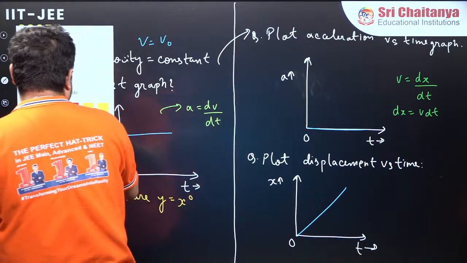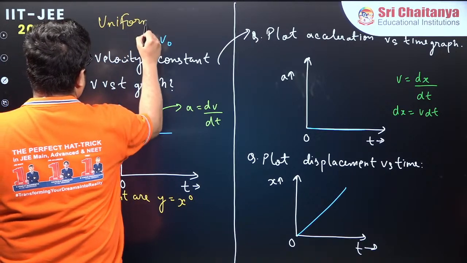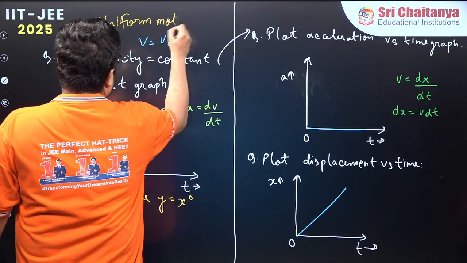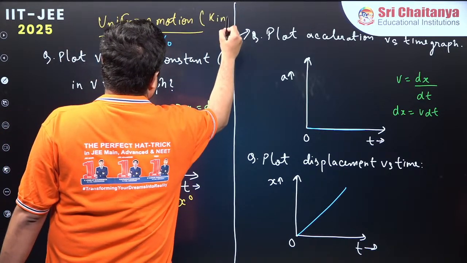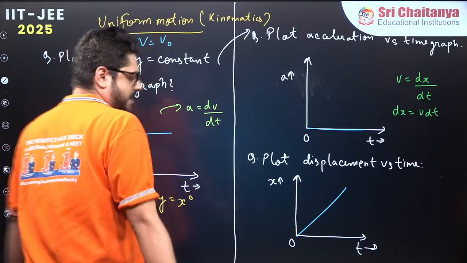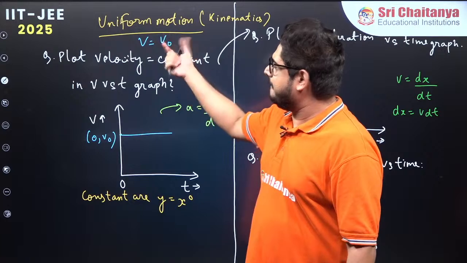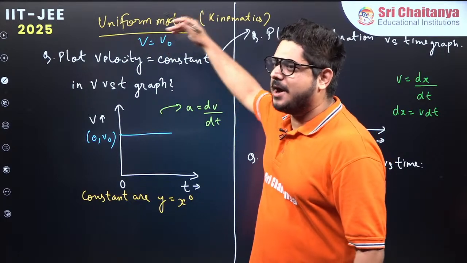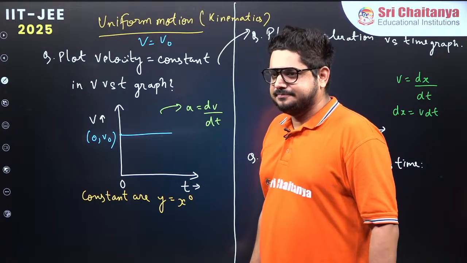The graphs we have discussed so far are an example of uniform motion, which you are going to be studying in the chapter named kinematics in your upcoming days. Once you enroll in our Sri Chaitanya educational institutions, you are going to be studying this. This is a part of uniform motion, which is a part of kinematics.